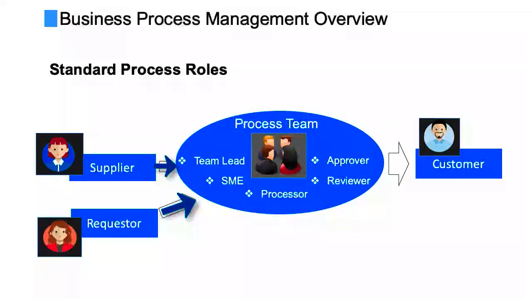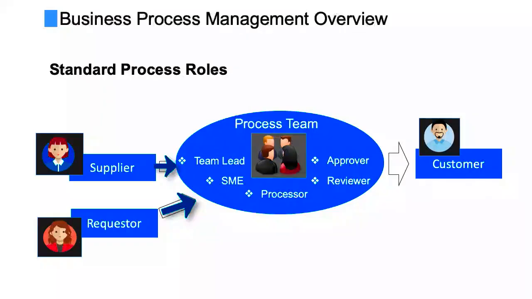And then within the process, and we see that a lot within IBM, we have a team leader, a very experienced person that oversees a group of folks that are executing the process and is there to lend support, to help when issues come up. That person is often an SME, a subject matter expert. That could be the same person, team lead, SME.